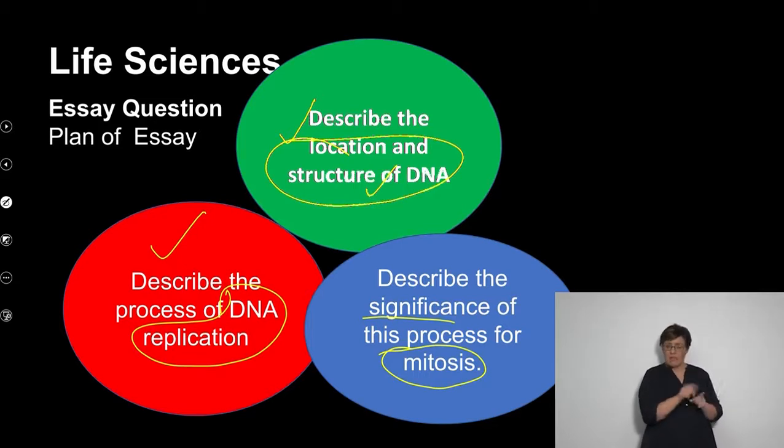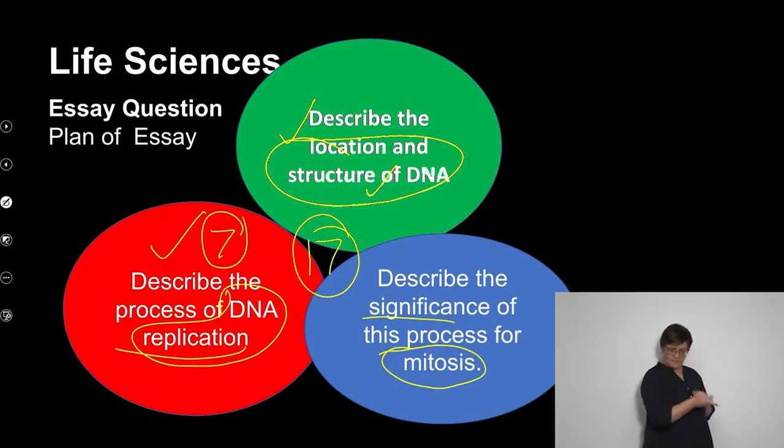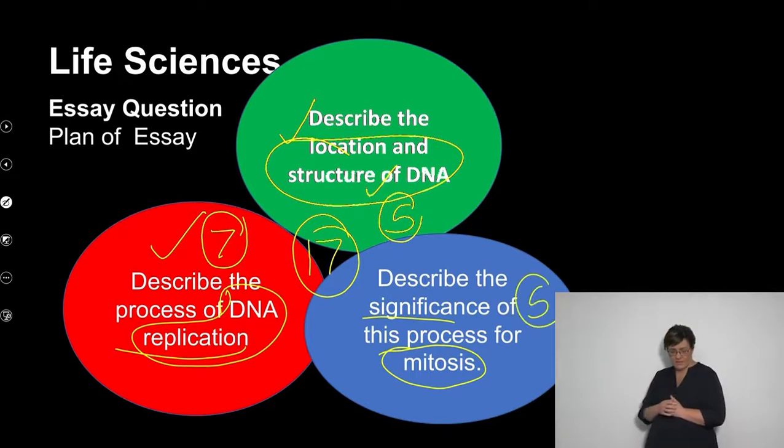We also then need to look at the process of DNA replication. Again, if I were to break up the 17 marks, I would simply allocate 7 marks to this, probably 5 to that, and then another 5 to that. That's just my understanding before even attempting the question.